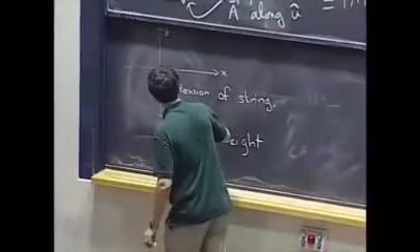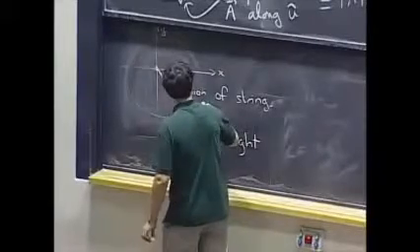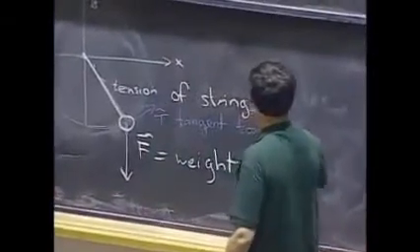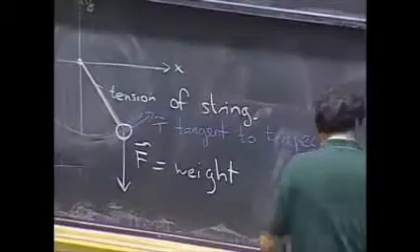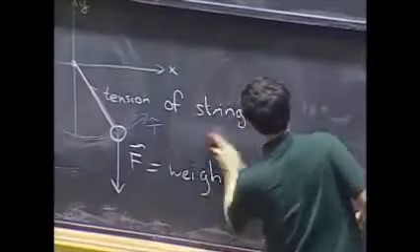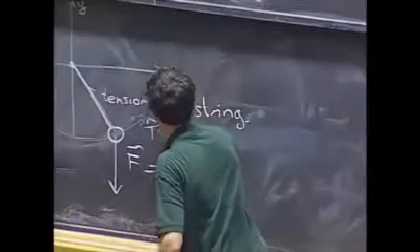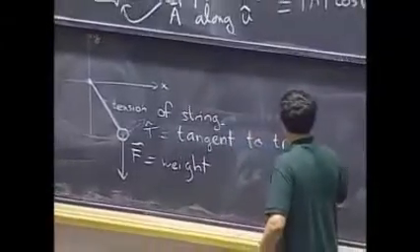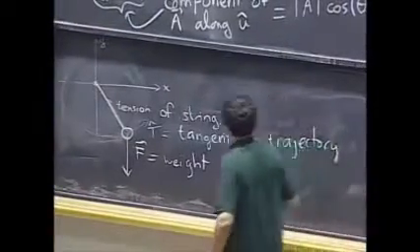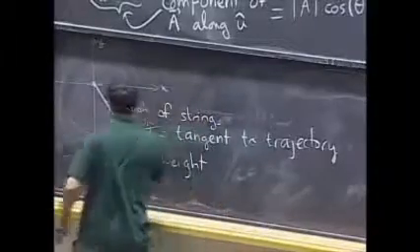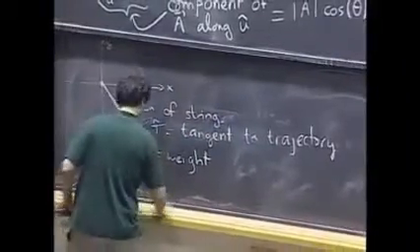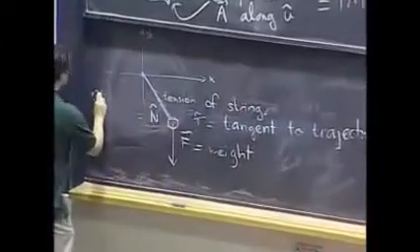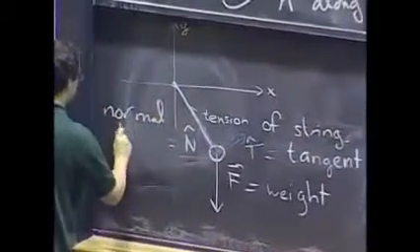So we can look at a vector, let's call it t, that's tangent to the trajectory. Sorry, can you read that? Maybe it's not very readable. So t is tangent to the trajectory. And on the other hand, we can introduce another vector. Let's call that n. And that one is normal or perpendicular to the trajectory.